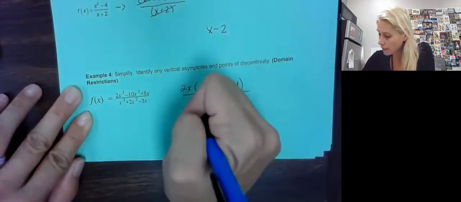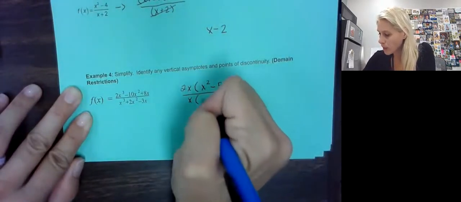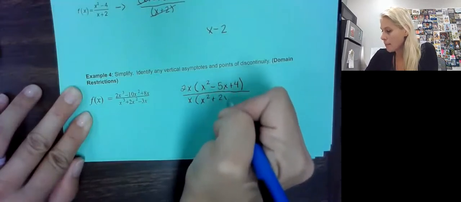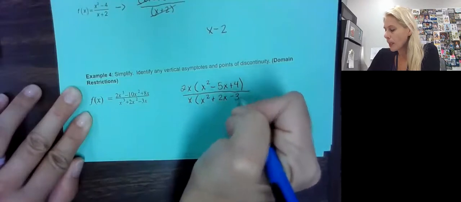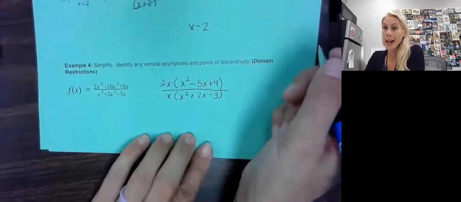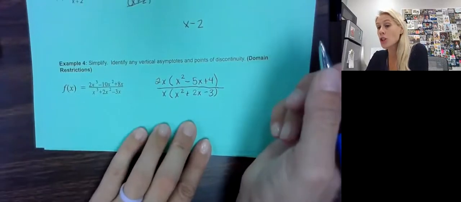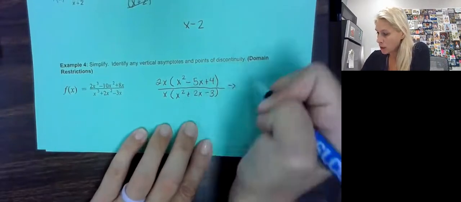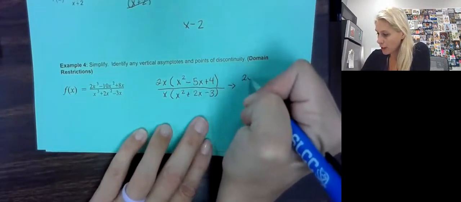Well, they all have an x in common, leaving us x squared plus 2x minus 3. Now we did the greatest common factor for numerator and denominator, but we also have to do our box or our grouping. So you keep the greatest common factor up front.